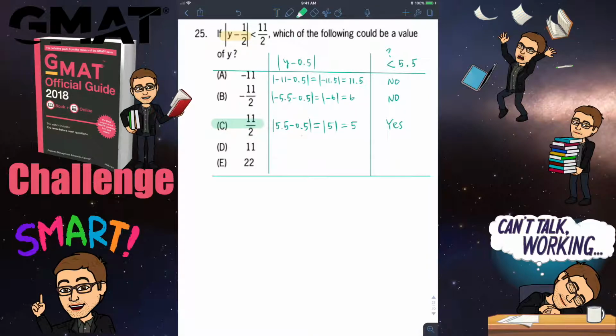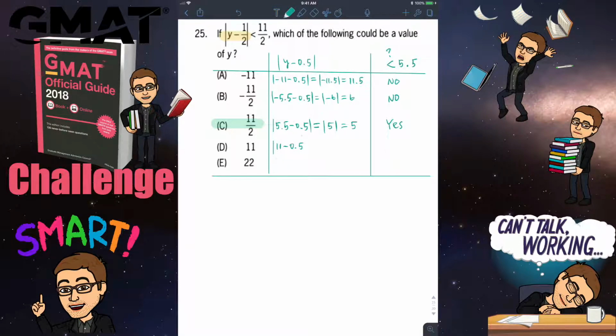If you're not convinced, you could keep going. But because GMAT is a timed test, I would recommend once you find out the answer, move on. But for demonstration purposes, let's check the other two answers, see if they are indeed incorrect. This one, D, is 11 minus 0.5.